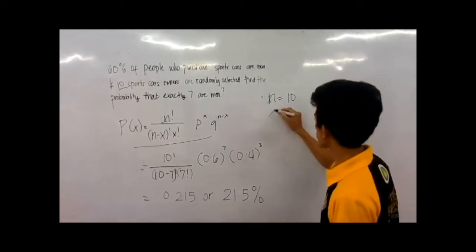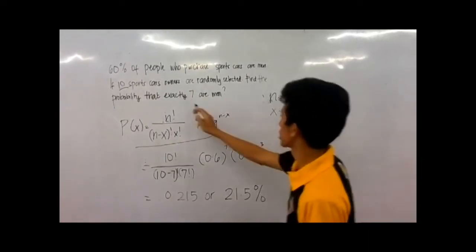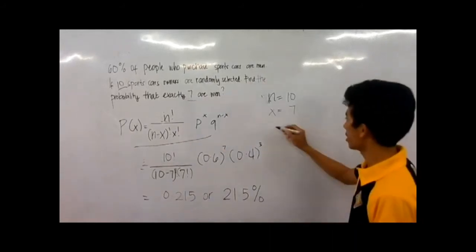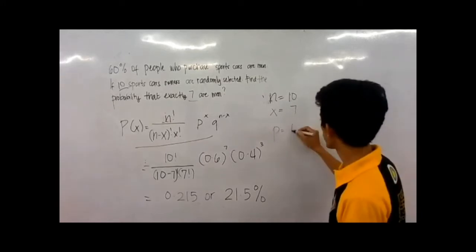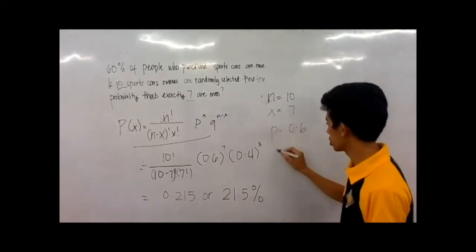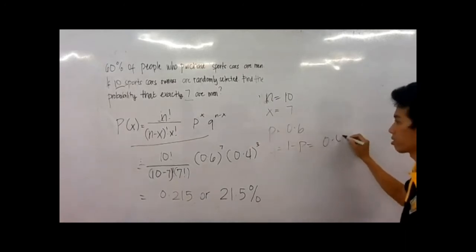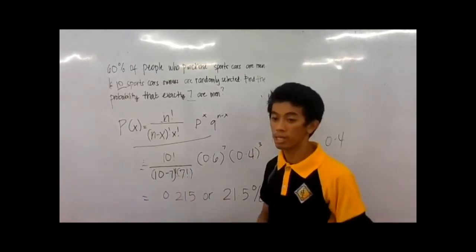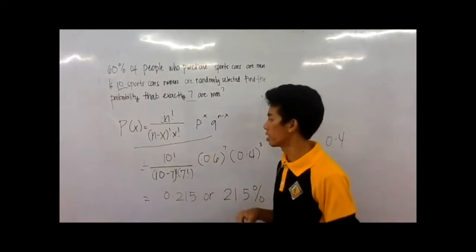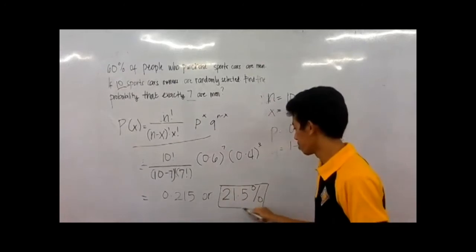Another is x, which is equal to 7. And p, the probability, is equal to 0.6, and q is 1 minus p, or 0.4. We just input the given variables to the formula, and we get this answer, 21.5%.